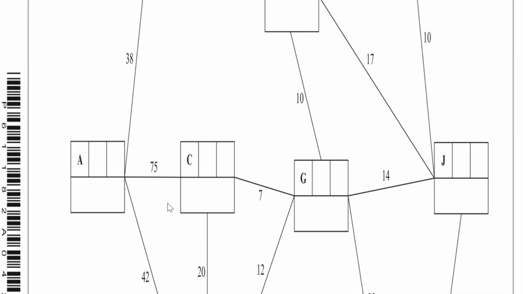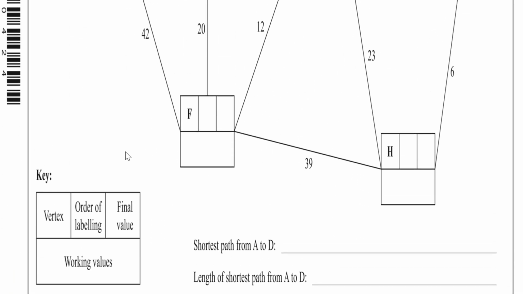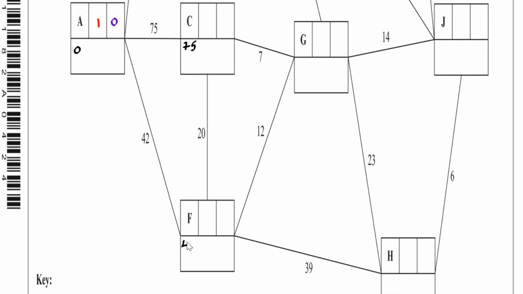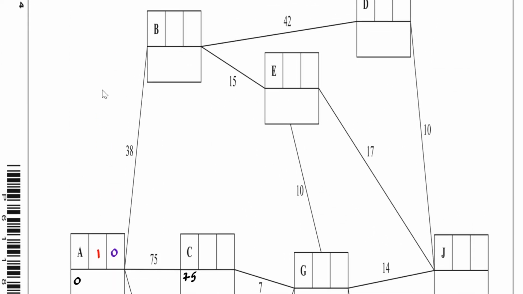We start off with a 0, and we carry that through into our final value box, and then for the order of labeling, we assign A the number 1. 0 plus 75, that's 75. 0 plus 42, that's 42. And 0 plus 38, that would be 38. The smallest value is 38, so we carry the 38 into the final value box, and then we assign B the number 2.